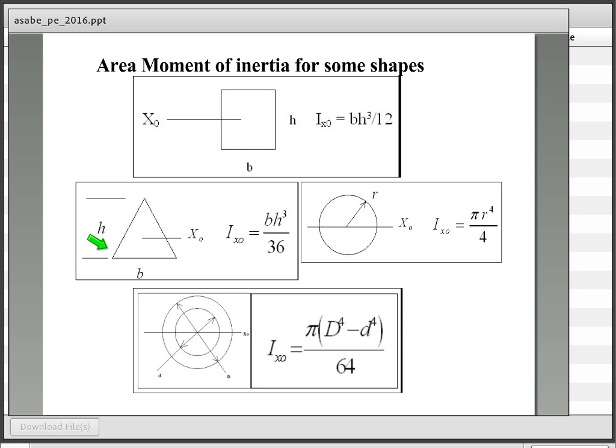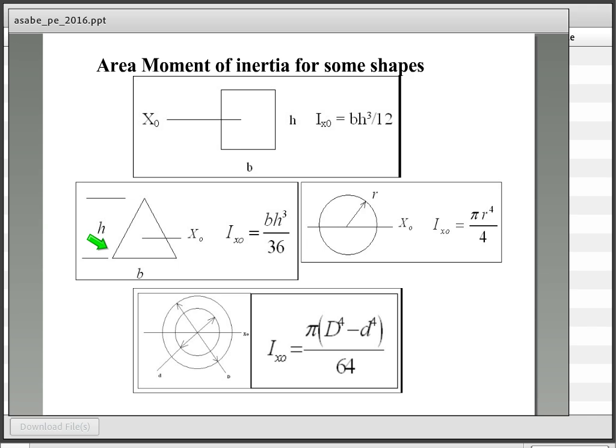If you're dealing with a triangular shaped object, then we're talking bh cubed over 36. For a circular cross section, pi r to the 4th over 4. Or if we're using diameters, then it would be pi d to the 4th over 64. If you put d over 2 for r and take that to the 4th power, you'll come out with pi d to the 4th over 64.